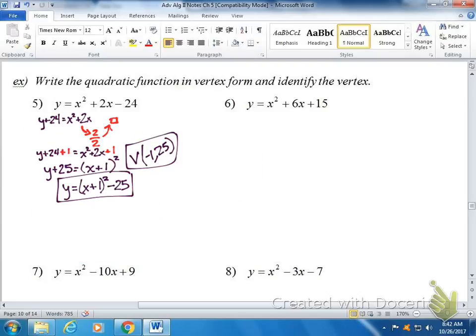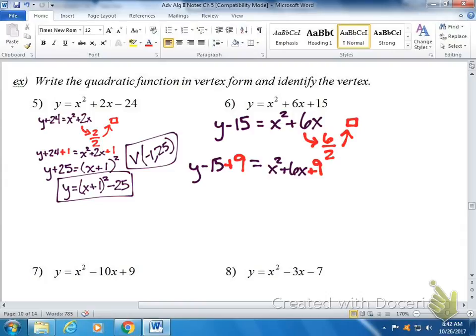Let's move over to the next example. So again, I'm going to subtract 15 to the other side to get x squared and 6x by itself. And I'm going to ask myself, all right, 6 divided by 2, what's going to complete that square? So we've got, let's see, 3 squared is going to be 9. So I'm going to add 9 to both sides. I'm going to get like terms together on the left side and write the completed square on the right side.